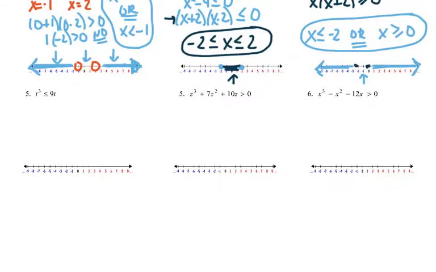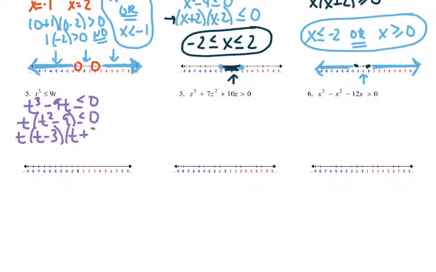Okay, the next row here steps it up a notch. Now it's a cubed. So t cubed minus 9t is less than or equal to 0. So this is like a whole different ball game because it's not quadratic, it's cubic. When I factor this one, I get 3 spots to circle on my number line: 0, 3, and -3. And those are all closed circles.